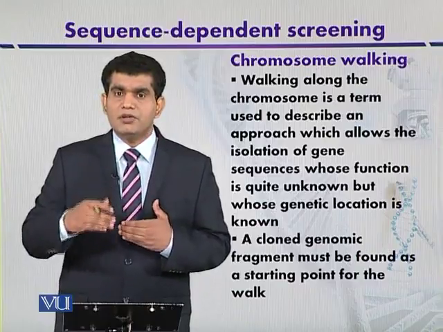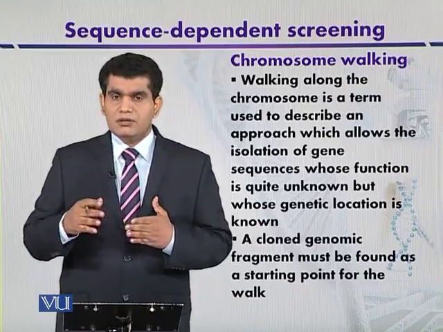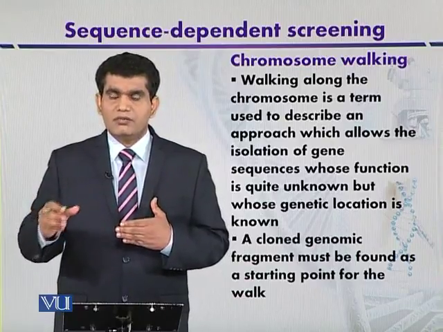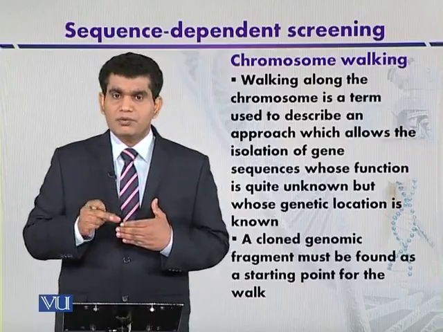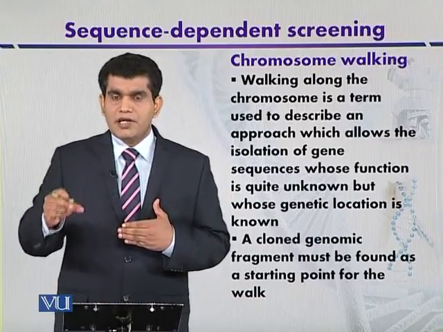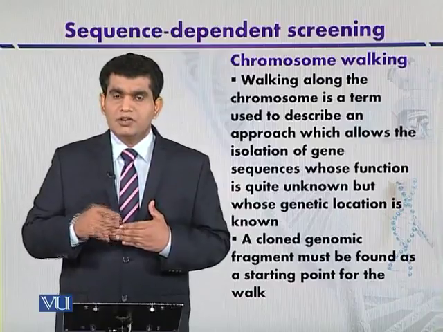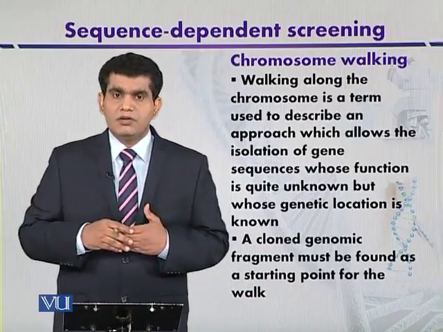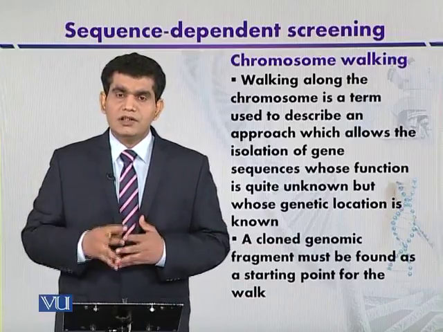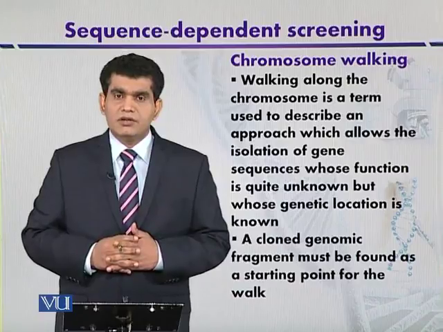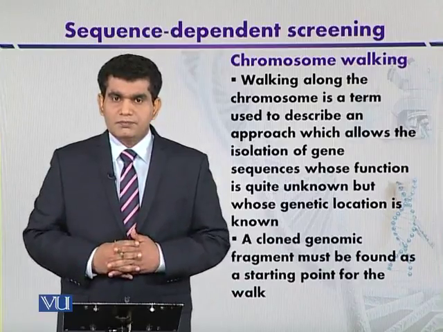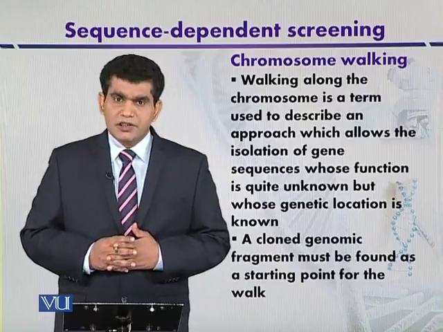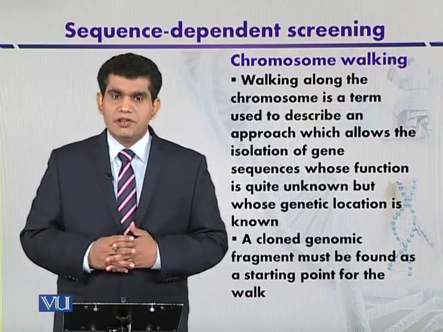Because in random DNA libraries, the ends of the fragments overlap with each other, so that one fragment can be used as a probe for the detection of the next DNA fragment. In this way we can move along the whole length of the chromosome, and this technique is called chromosome walking.